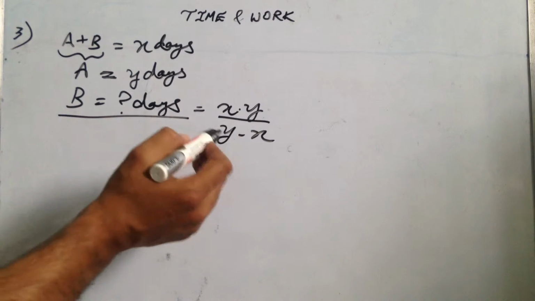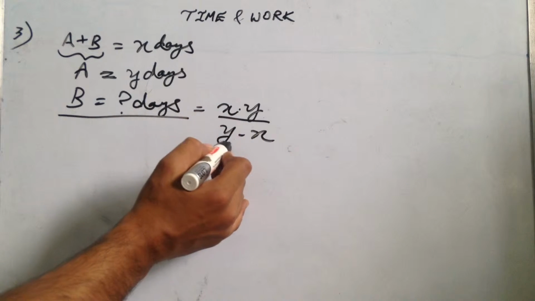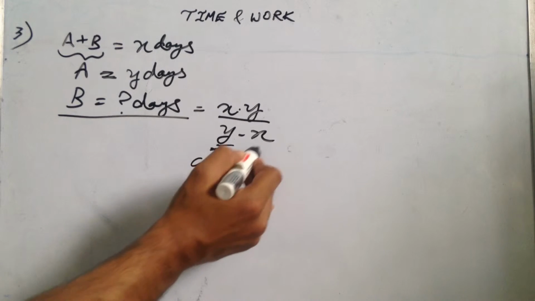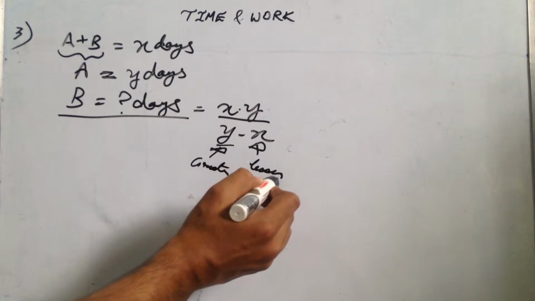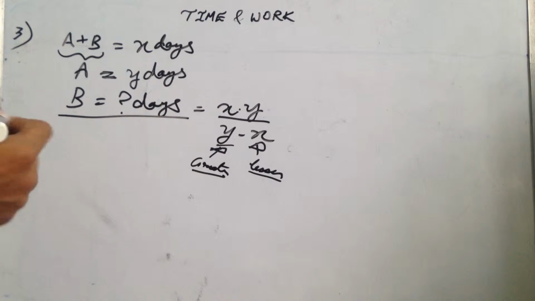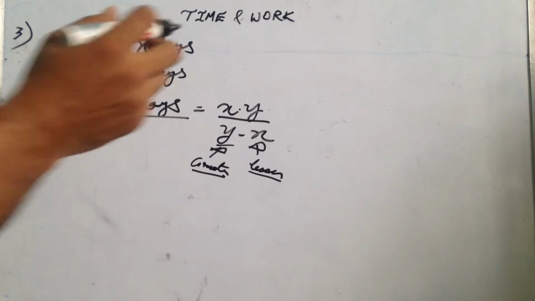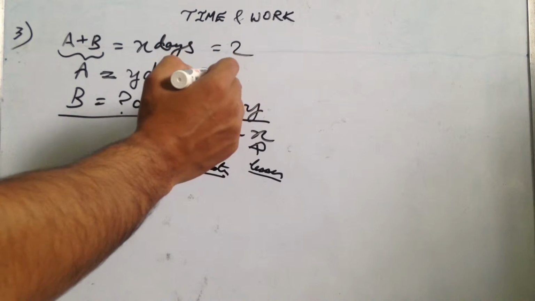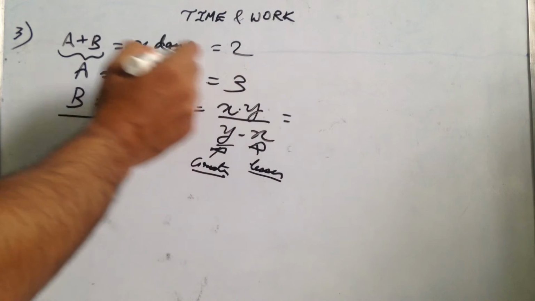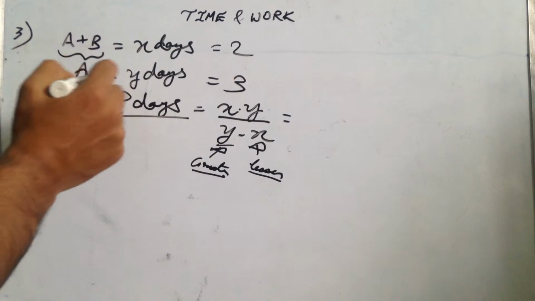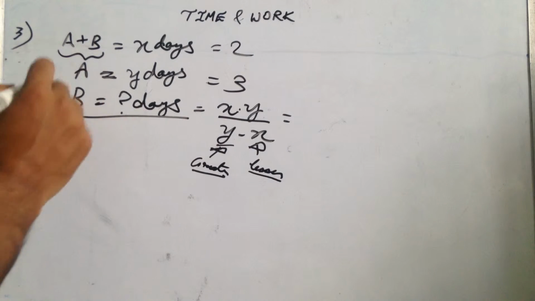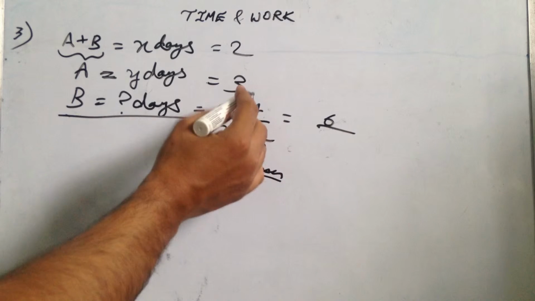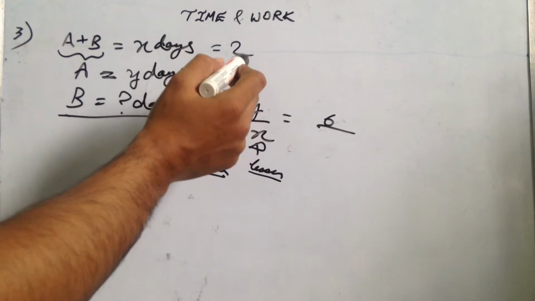So remember, you don't have to be confused here. Just remember that this will always be greater and this will always be lesser. So if you see any problem, suppose it is given 2 and it is given 3, don't even go through the problem. You directly multiply the 3 and the 6, and from the greater you subtract the lesser.